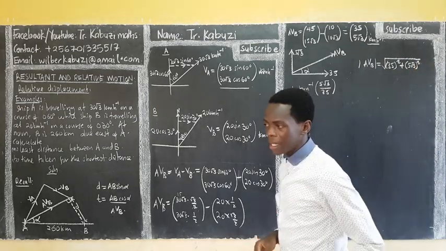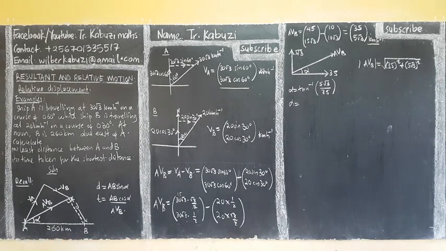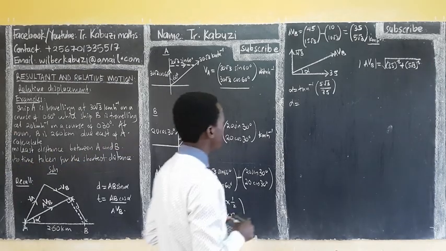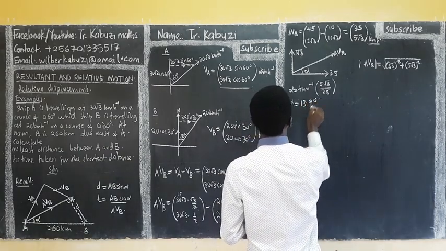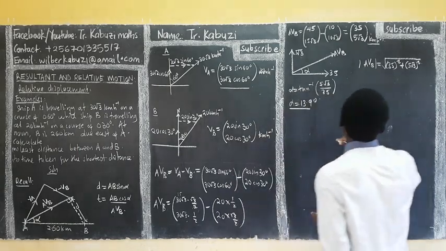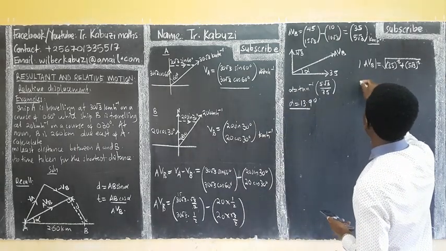Okay, from here, let me get my calculator first. When I press this, I get 13.9 degrees. So let us see what we get in here.